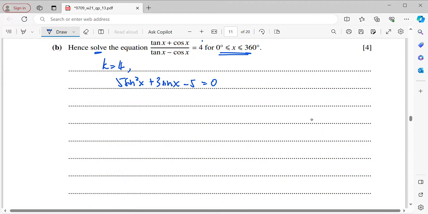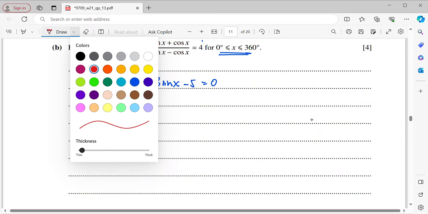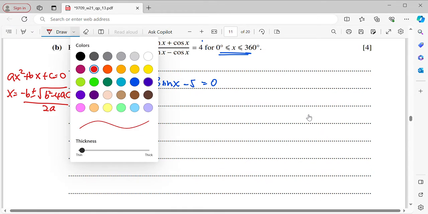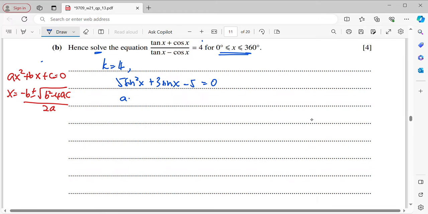So this quadratic cannot be factorized. Now we have to apply the quadratic formula, which is ax squared plus bx plus c equals to 0. Then your x is going to be minus b plus minus square root of b squared minus 4ac over 2a. Then from here, a is 5, b is 3, c is minus 5.